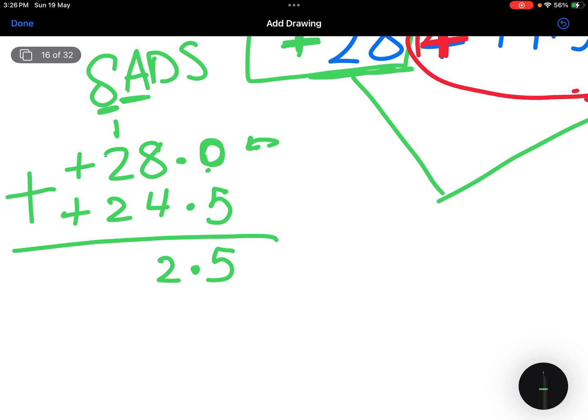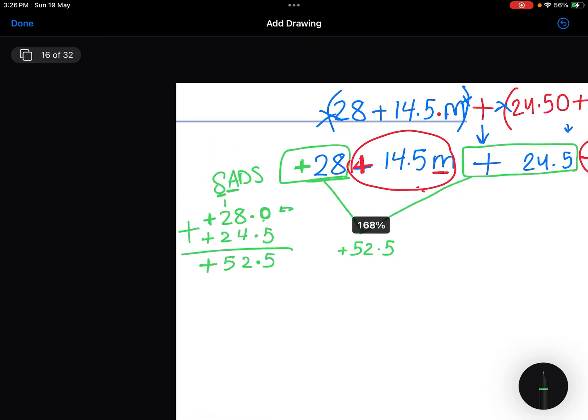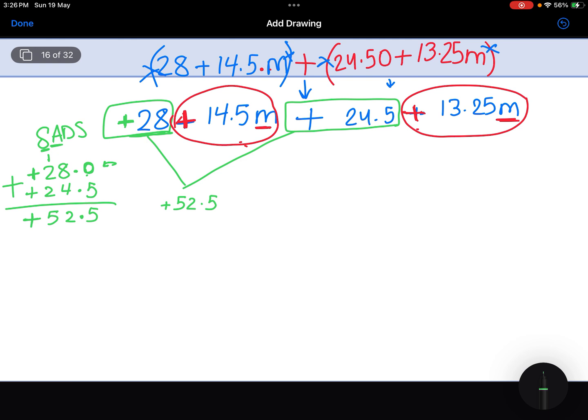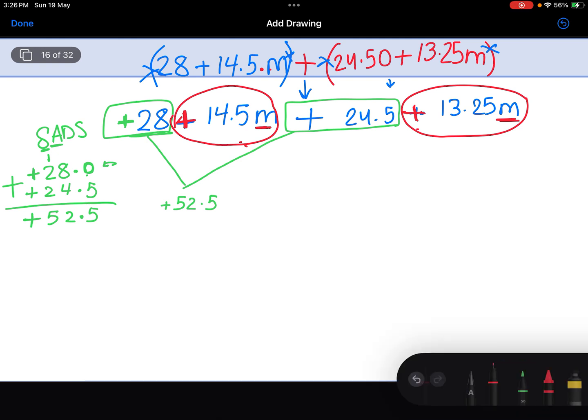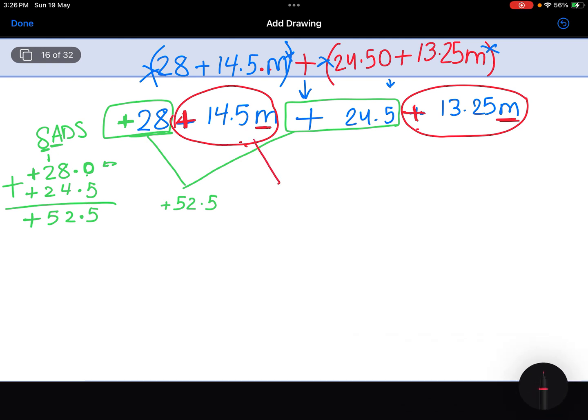Now, 1 plus 2 plus 2 is basically 5. The answer should be positive because the 28 is more than the other number. So I'll take the same sign of it, but basically it doesn't matter. So it's basically positive 52.5.